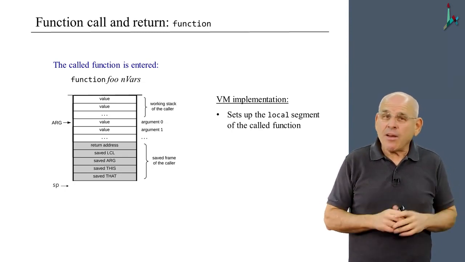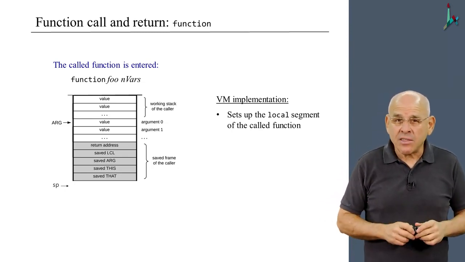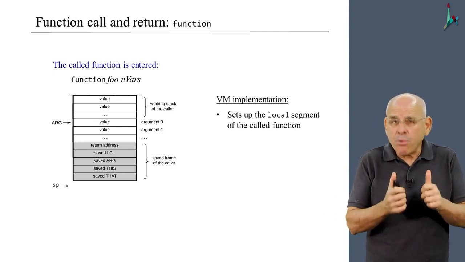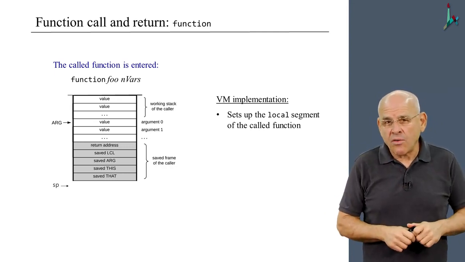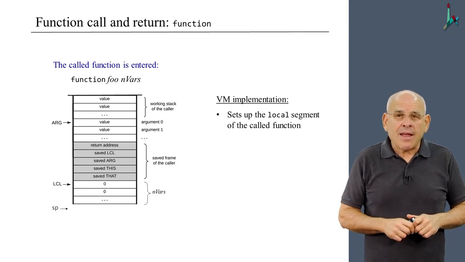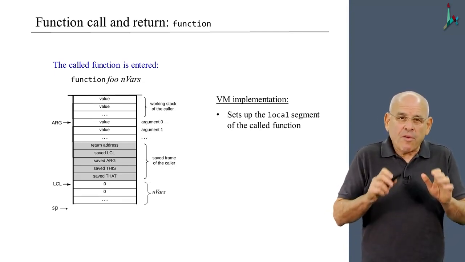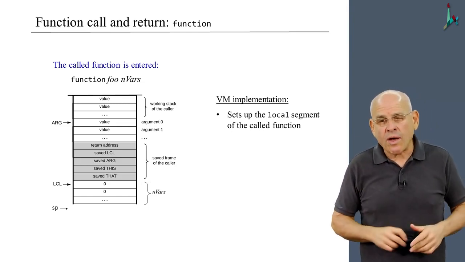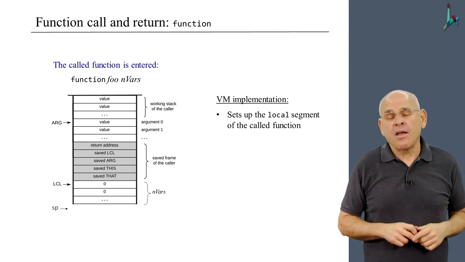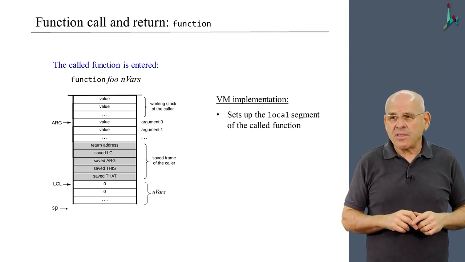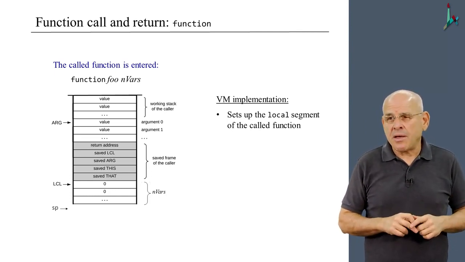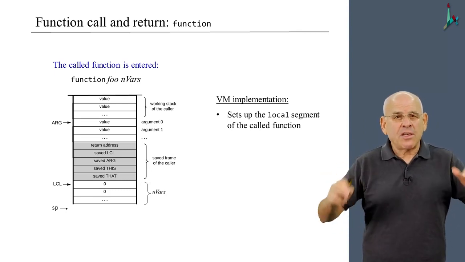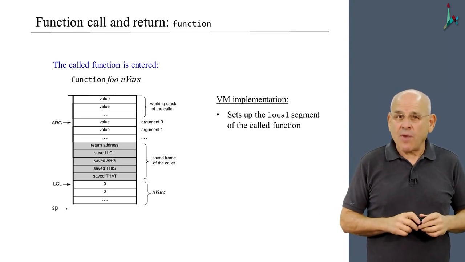Now I know exactly how many variables I need. I need nvars variables, and I also have to initialize them to 0. So let's do that. I push nvars zeros onto the stack, and once I do it, I also know that from now on I can refer to these values on the stack as local 0, local 1, and so on. If I want, I can use this syntax to refer to these words in the memory. And once I do it, the called function is ready to take off and start running.